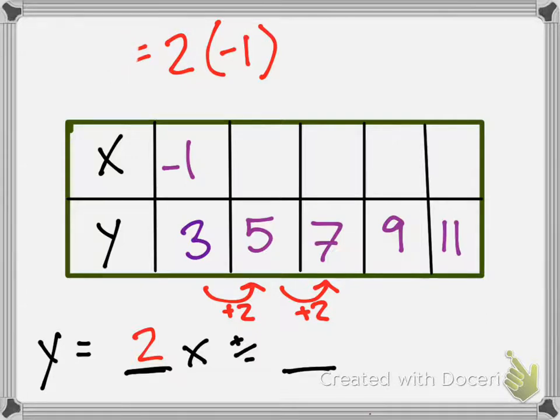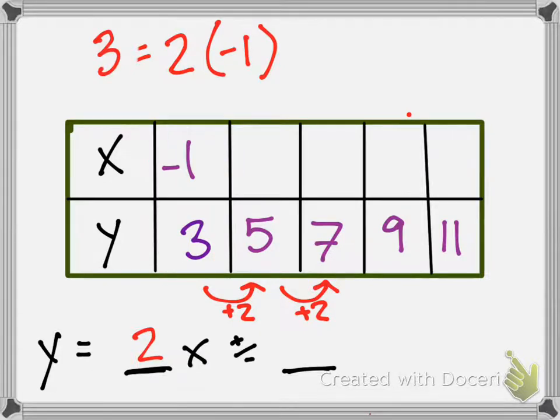In this case, what do I want my y to equal? 0. So what would the ordered pair be for when x is -1? When x is -1, what is y equal to? 3. Exactly. -1, 3.